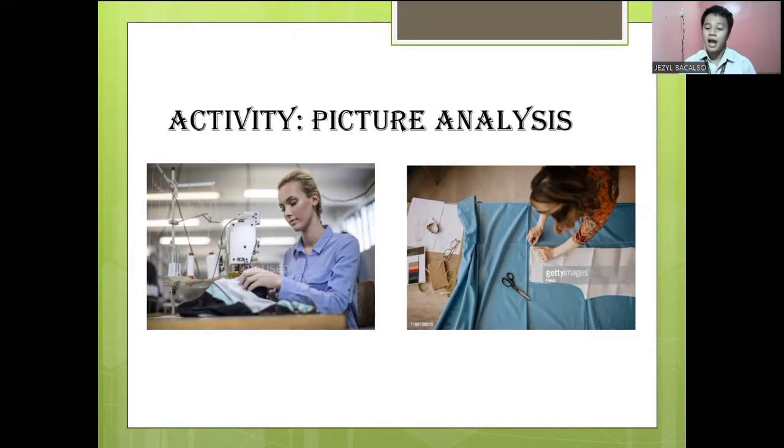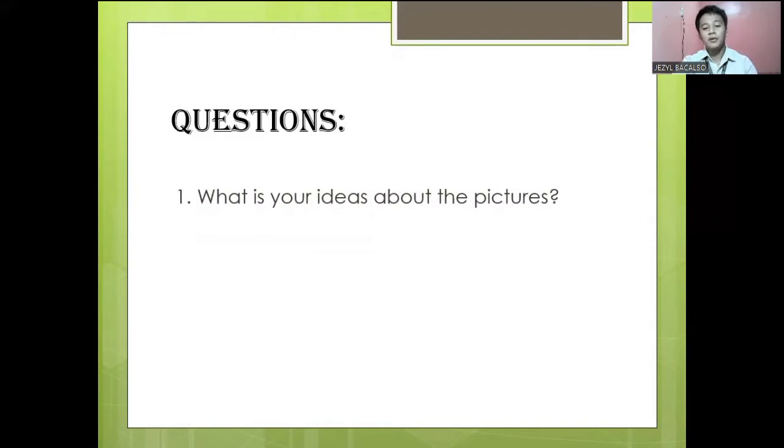The picture shows a lady doing her embroidery using handwork. So I have here a question in relation to our activity for today. Number one question, what is your idea about the picture? So the picture shows the difference between machine work and handwork.